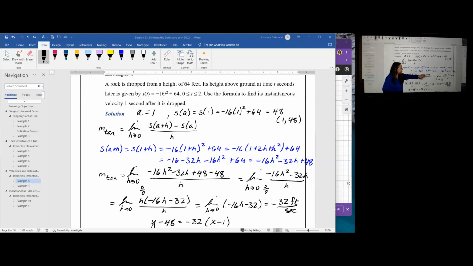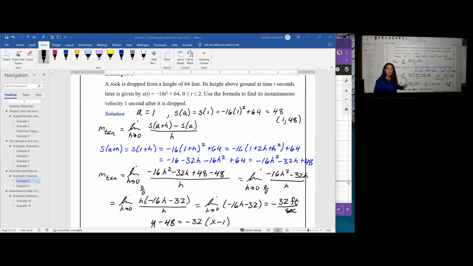Once I simplified that, I put it back into the formula and tried to substitute 0 for h. H, however, caused this to become 0 over 0. So I took the 48 minus 48 and canceled them. I tried to substitute 0 for h again, and again, I got 0 over 0.